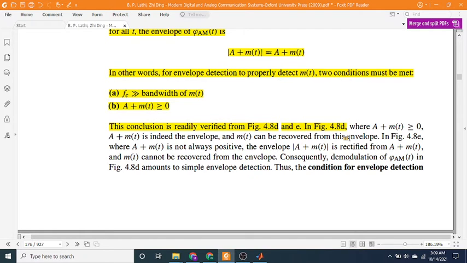In Fig. 4.8d, where A + m(t) ≥ 0, A + m(t) is indeed the envelope, and m(t) can be recovered from this envelope.